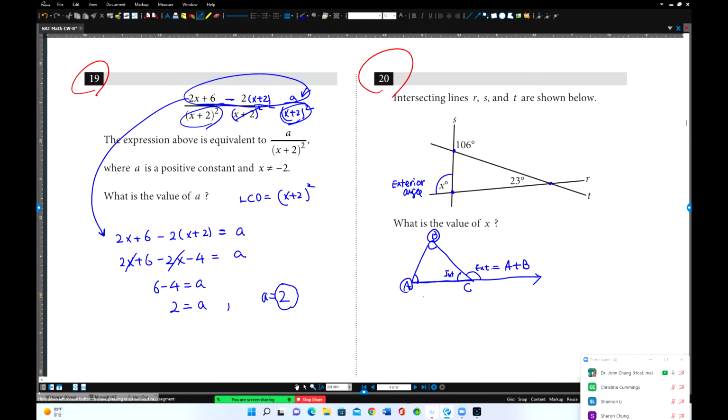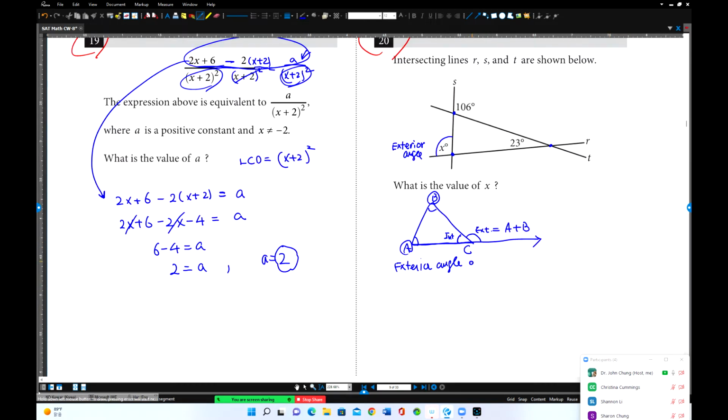So the exterior angle of a triangle is equal to the sum of the non-adjacent interior angles. That's the exterior angle theorem.